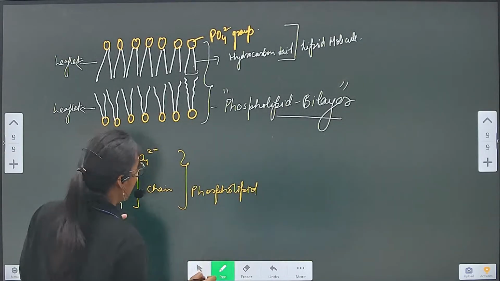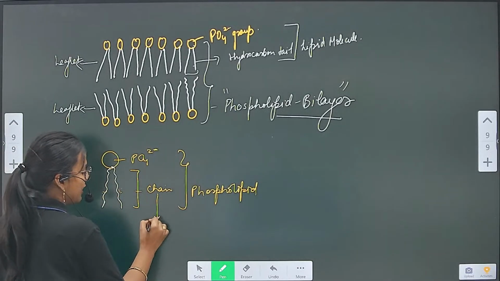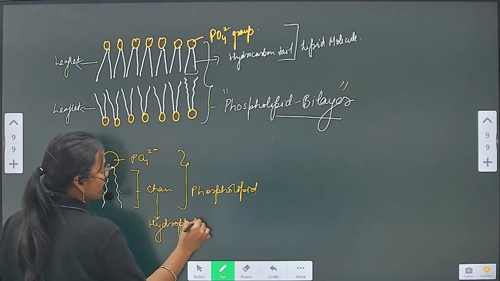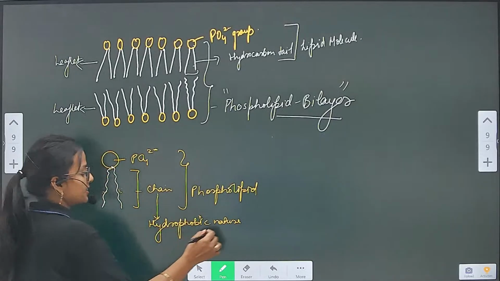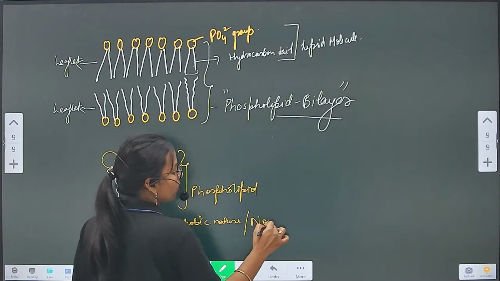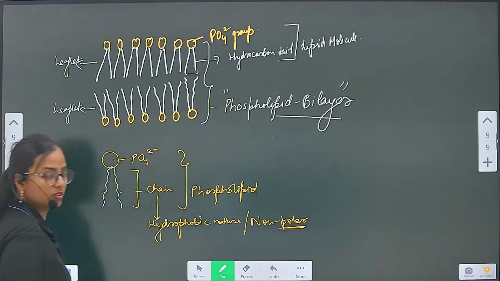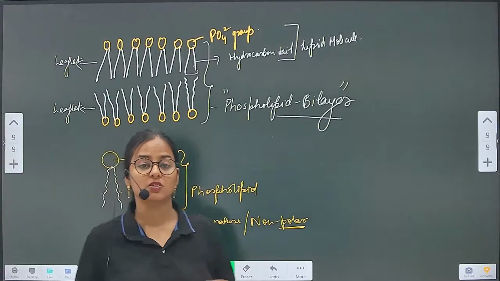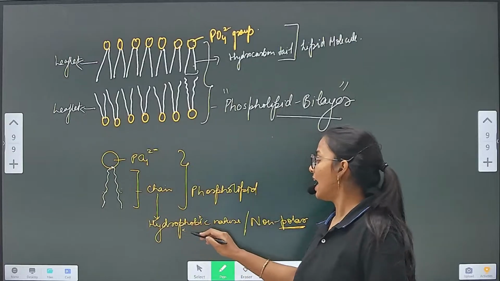And this chain is hydrophobic in nature. That is, we can call it as non-polar. It does not react with water. It does not come in vicinity with water. It actually hates water. That is why hydrophobic.